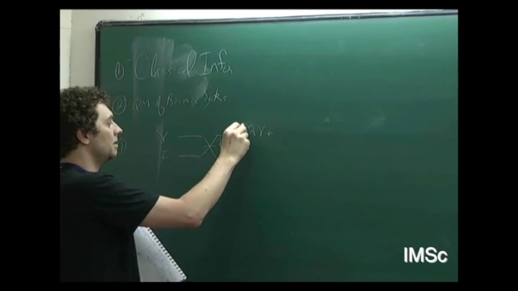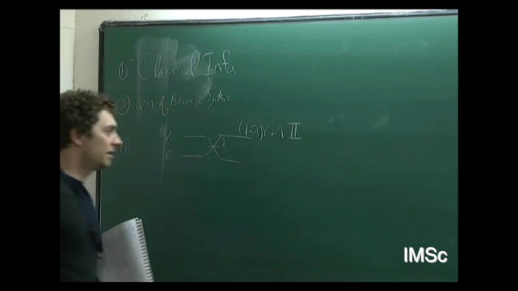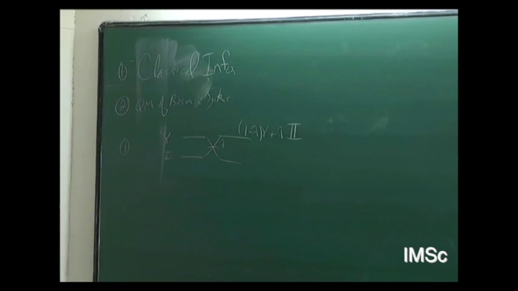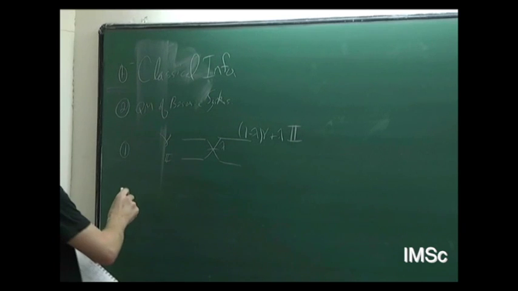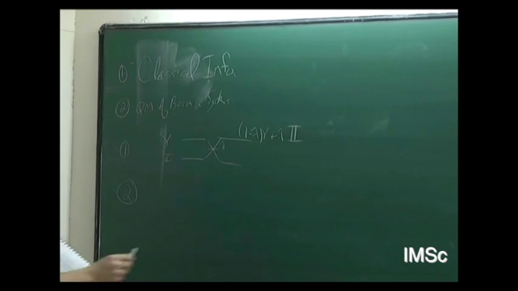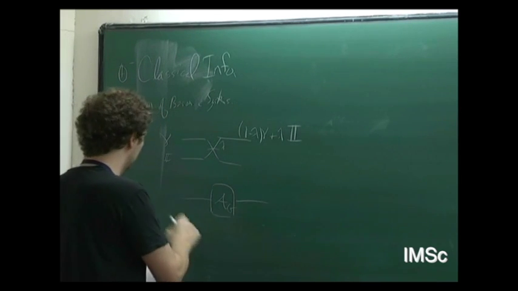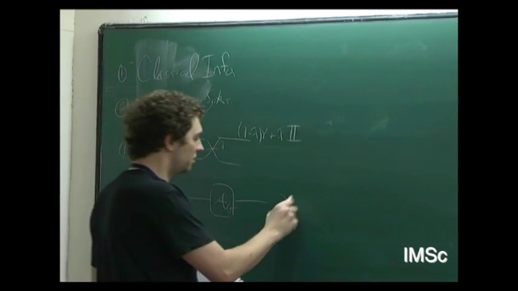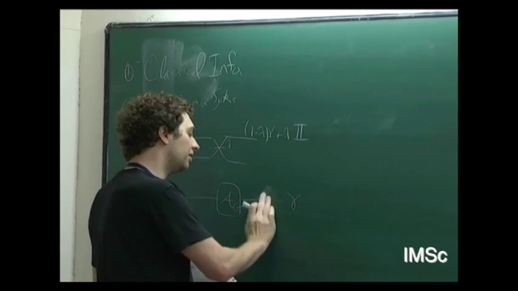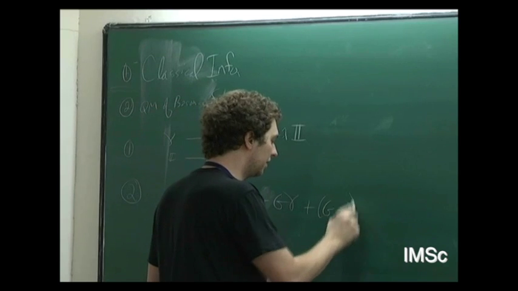Let me try to do it like this. And just adds some vacuum. Is this big enough? Is it okay? We looked at also an amplification channel that takes gamma and maps it to some multiple of gamma, but it has to add some noise in order to make the thing physical.